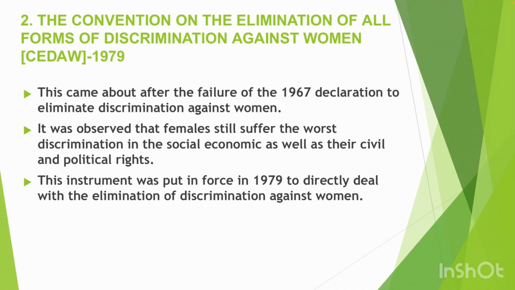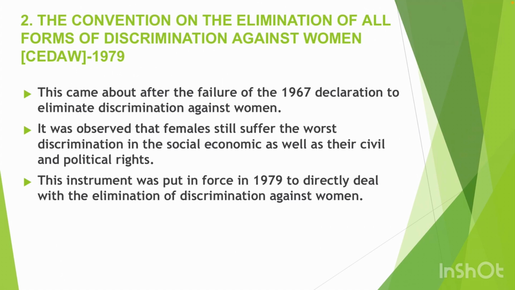Apart from the ICERD, we have the second one, which is called the Convention or the Covenant. I said treaty, convention, or covenant, that's the same thing. Convention on the Elimination of all forms of Discrimination against Women. Just a reminder, I said specialized human rights instruments only deal with specific issues or groups of people.